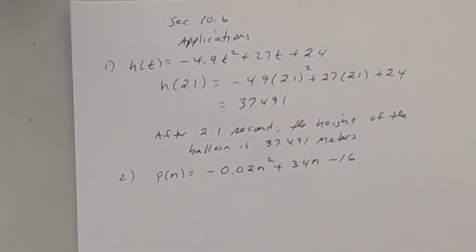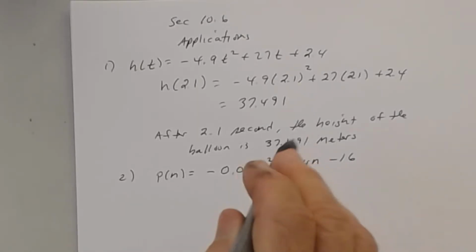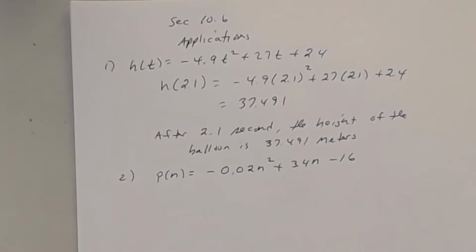So we have this quadratic function. And how do you know that this is quadratic? Because the largest exponent you see is 2.